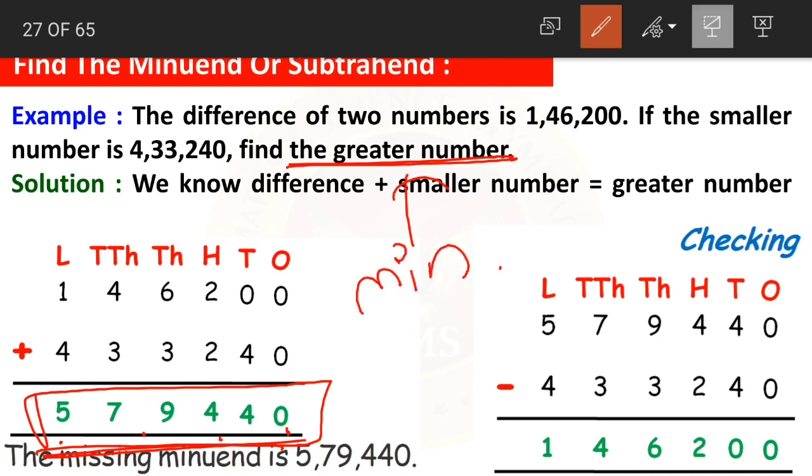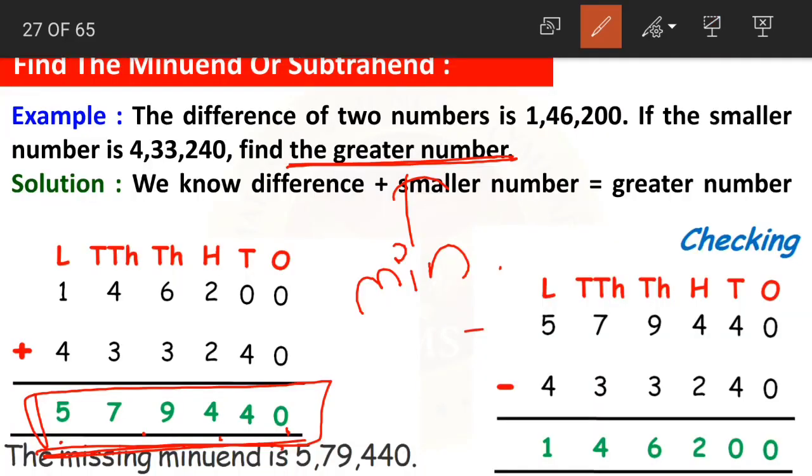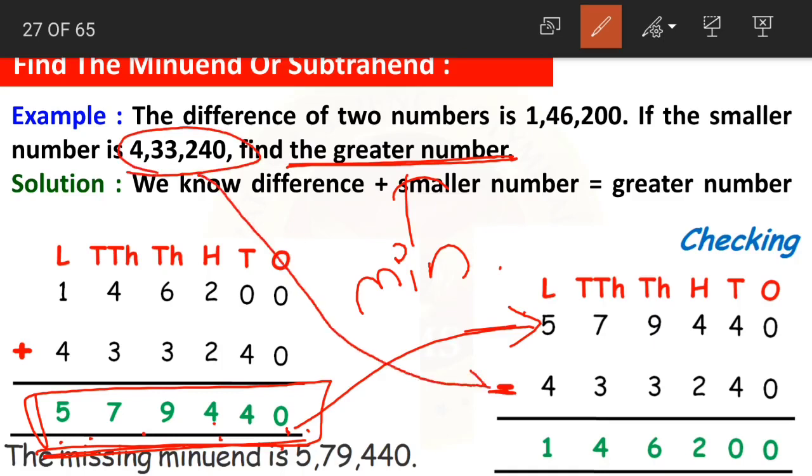Now how to check if the answer is correct or not? Minuend minus subtrahend should give us the difference. So let us check. This is our minuend, 5,79,440, minus, in the question the smaller number is 4,33,240.